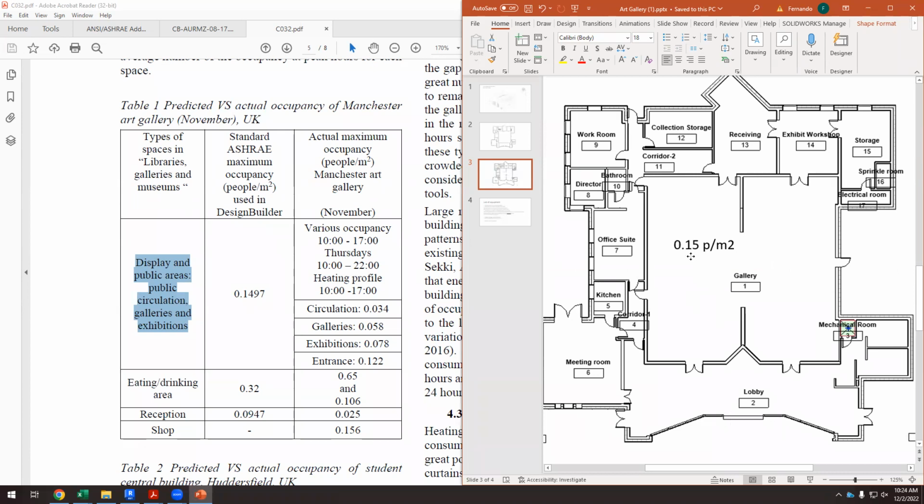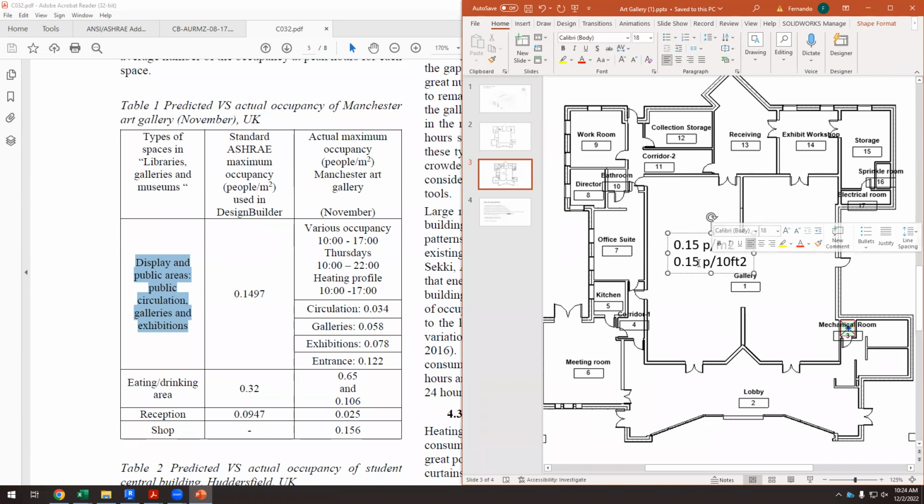So 1 square meter is around 10 square feet. So here we have 0.15 people per 10 square feet.